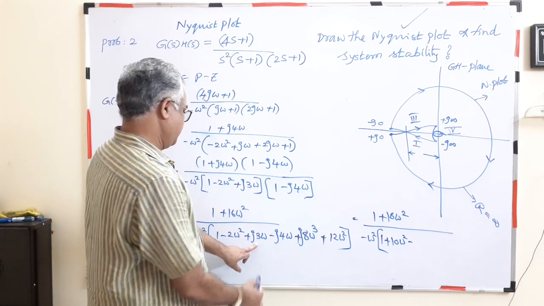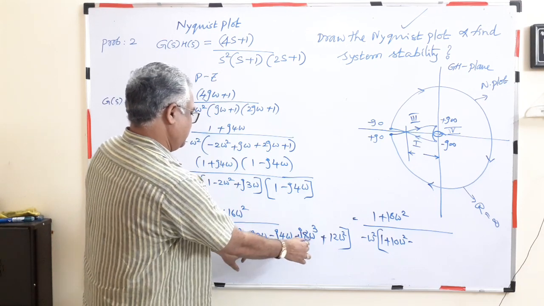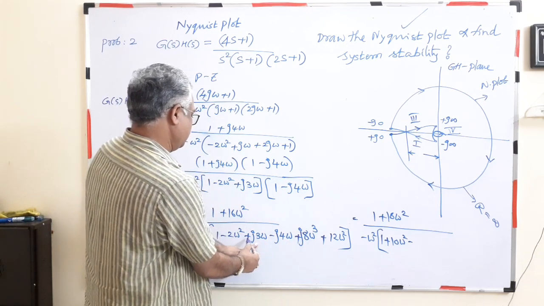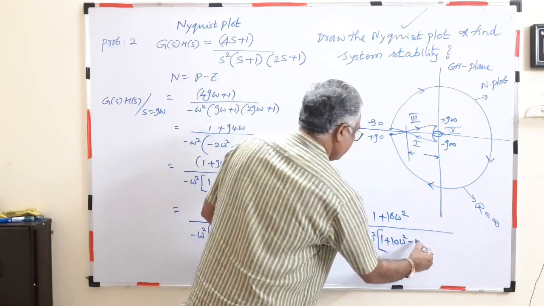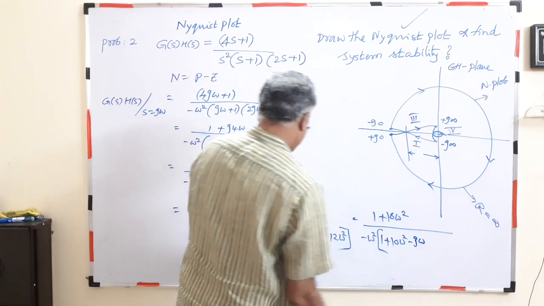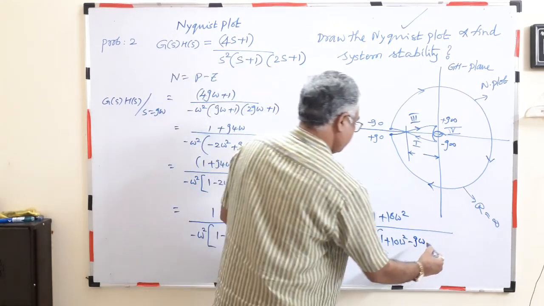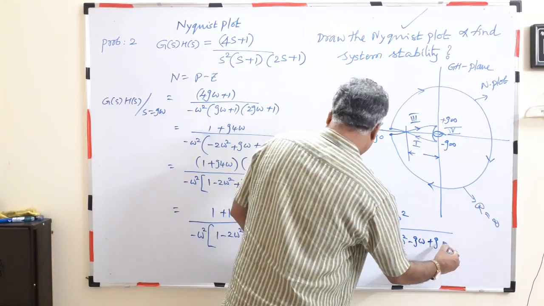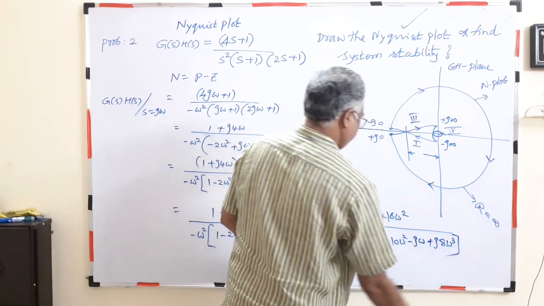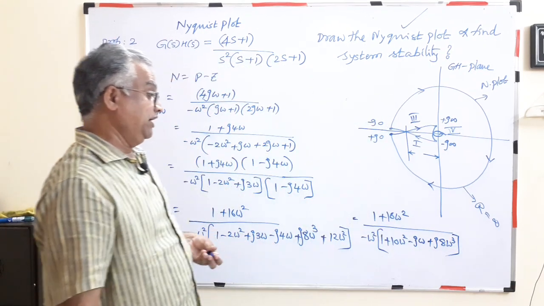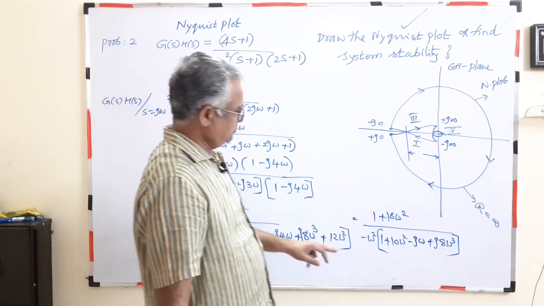The imaginary part is this: out of this, this is minus, this is plus. So minus j omega, and this one plus j8 omega cube. So we have to equate the imaginary part to 0.